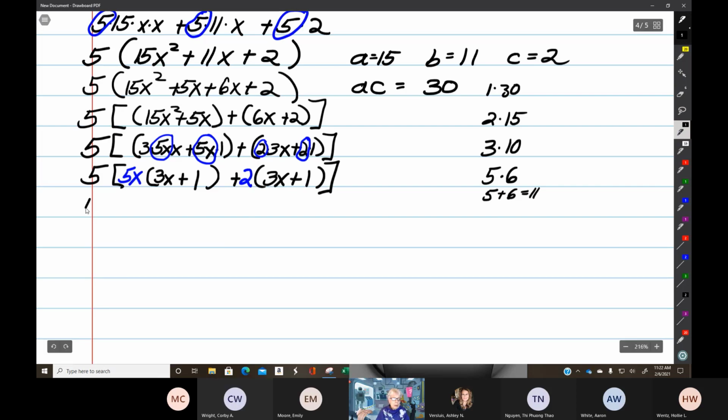All right, notice how sometimes they're easier, sometimes they're harder, but the AC method is always alike. The steps you're following are always alike. So now, in the world of the brackets, 3x plus 1 is your GCF, and then the leftovers are 5x plus 2.